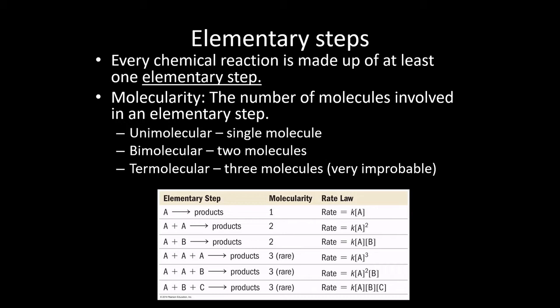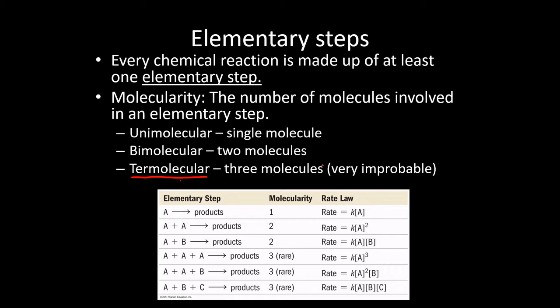Now, these termolecular processes are exceedingly rare. They do happen. It has been proven, at least as best as we can prove, that there is such a thing as a termolecular elementary step where you do actually have three different molecules coming together with just the right orientation at the same time with the correct amount of energy for a process to occur.